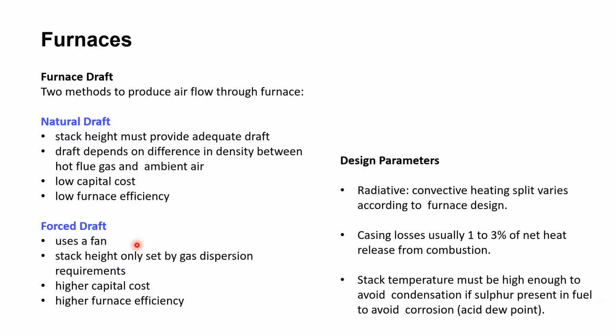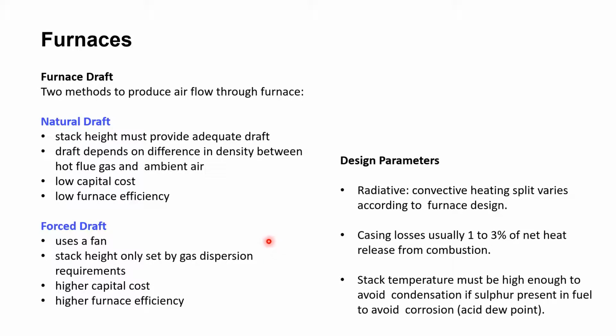So in this case, the stack height is not that high, because we don't use the stack height to pull the air from the atmosphere into the furnace. However, it has a higher capital cost due to the requirement of the fans, and the plus point is that it offers higher furnace efficiency.